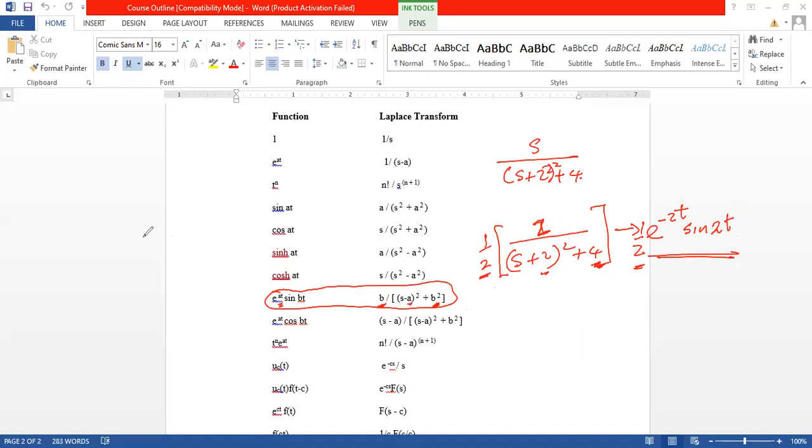Now the more distressing part is this part here, s over (s plus 2) squared plus 4. So we're going to go s plus 2 over (s plus 2) squared plus 4. But we put a plus 2 there, so we have a minus of it. Very well.